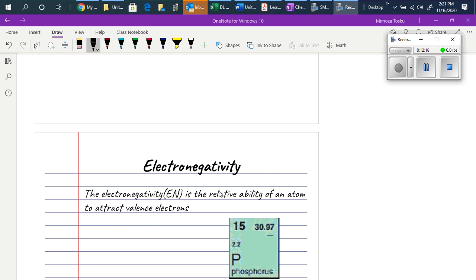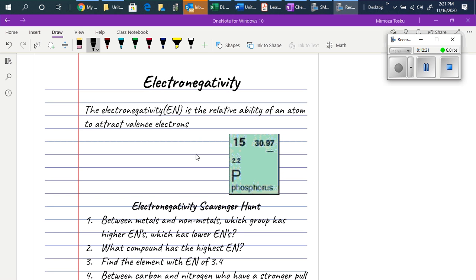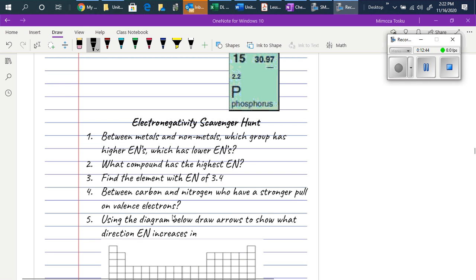Now let's move to electronegativity. Okay, electronegativity is the relative ability to attract valence electrons. Electrons in general, but valence electrons, because those are the ones that we will be willing to move. So what I want you to do now is to complete something that is known as the electronegativity scavenger hunt, and then tell me your answers to these questions.